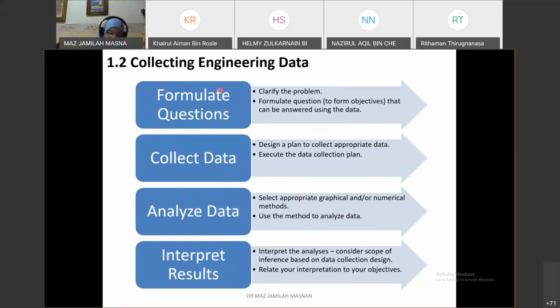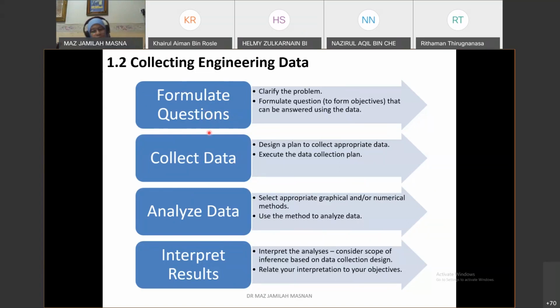If we are talking about a survey, this is the first thing that you have to do: formulate the question. What is the data that you need? If I need the weight of my respondent, you will ask about the weight. If you're asking about the height, then you will ask the height. That is the question that you need to formulate earlier when you do the data collection.